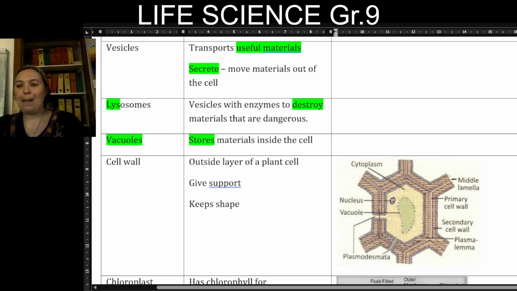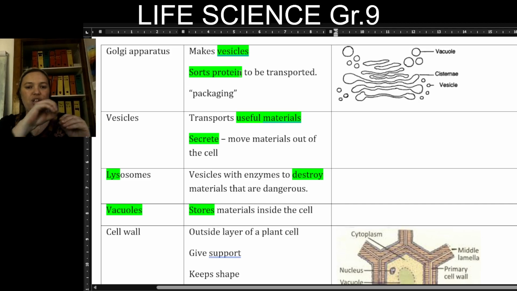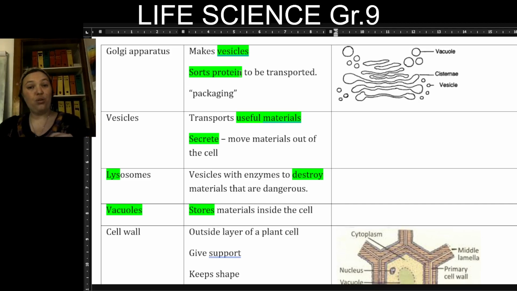Okay, so these ones all go together. The Golgi apparatus sorts everything out to where it should go. Vesicles transport useful material. Lysosomes destroy and then take out, transport dangerous things.